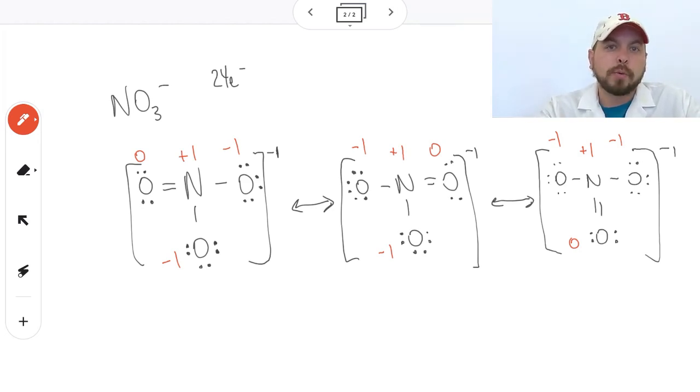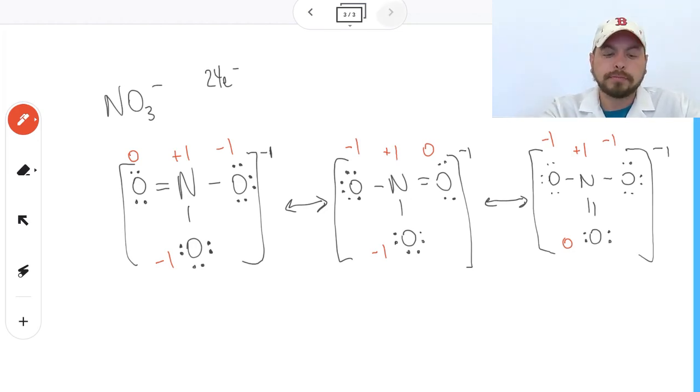So what you can do for resonance is not just calculate the formal charge, but also understand bond order, right? We all understand single, double, and triple bonds as 1, 2, and 3, but there are bond orders that are somewhere in between, and that can be created through resonance in this case.